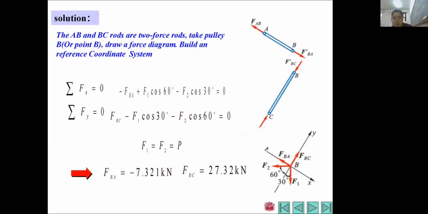You guys will find that we get another concurrent force system. For our simple calculation, we give this reference coordinate system with x pointing in this direction and y pointing in this direction, just to make our calculation easier.